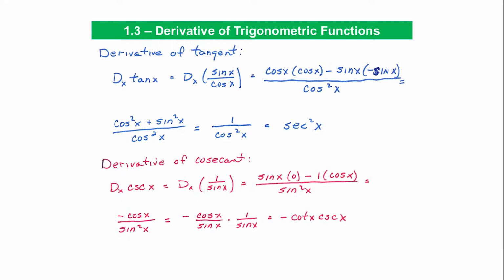Then for the derivative of cosecant, given that cosecant x equals 1 over sin x, the derivative equals sin x multiplied by 0 minus 1 multiplied by cos x, divided by sin square x, equal to minus cos x over sin square x, equal to minus cos x divided by sin x multiplied by the reciprocal of sin x, equal to minus cot x cosecant x.